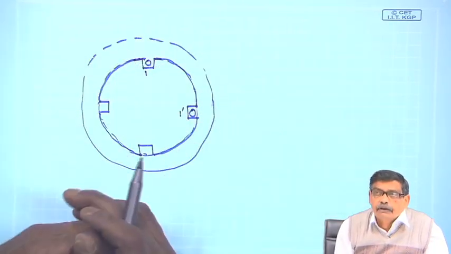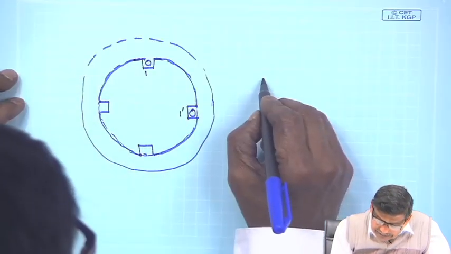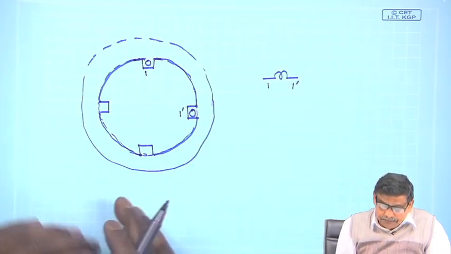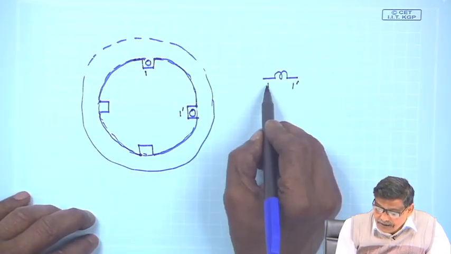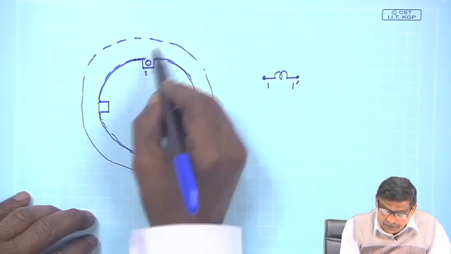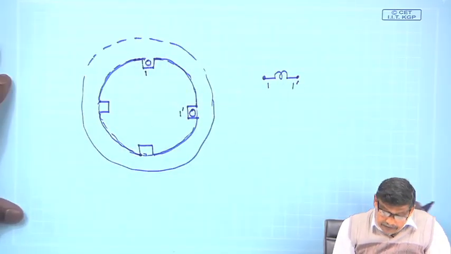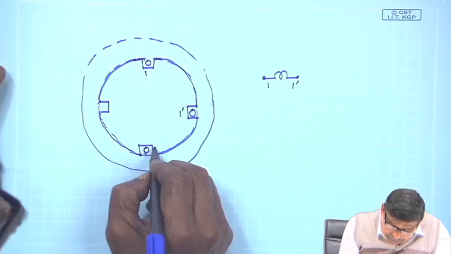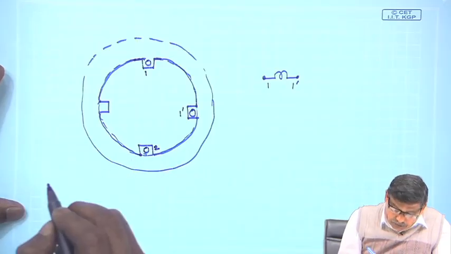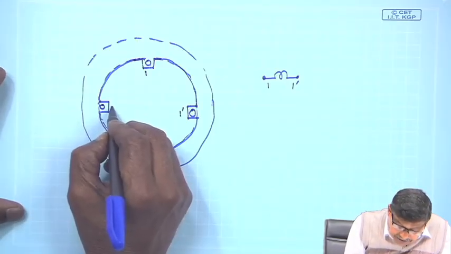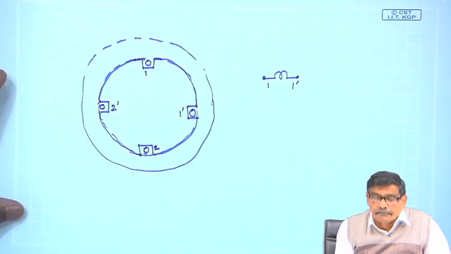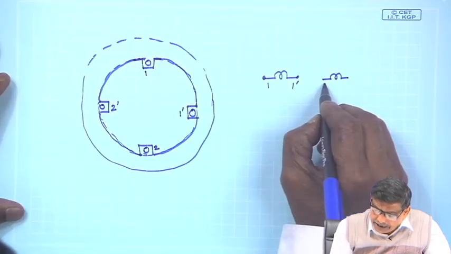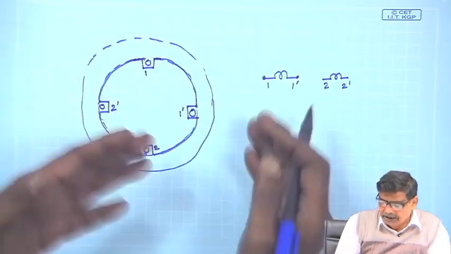So, it gives you a coil, and this symbolically, for the first time, I will draw like this. Okay, you have a coil whose two terminals are 1 and 1 dashed, distinct. Similarly, you have another coil, its front end is 2 and its return end is 2 dashed. Electrically, it is a separate coil, it has its own identity, it has nothing to do with 1 dashed, no way.